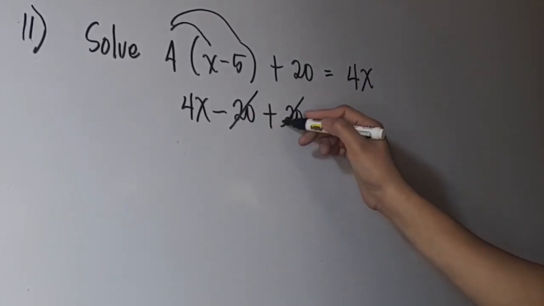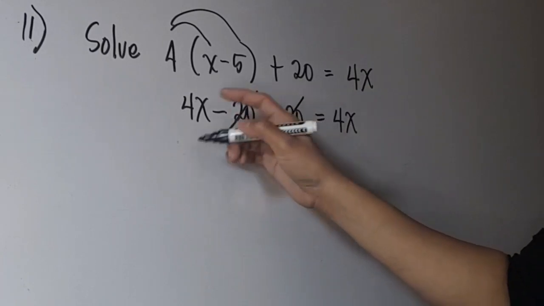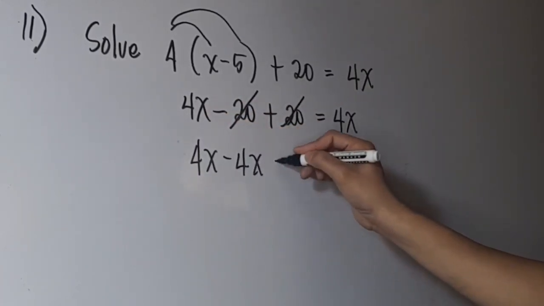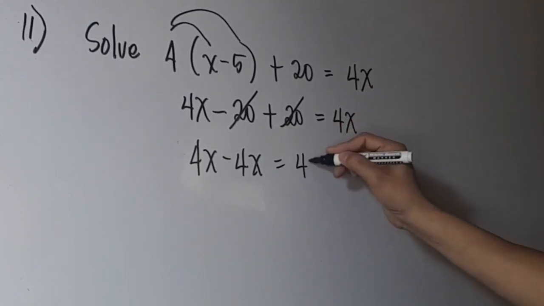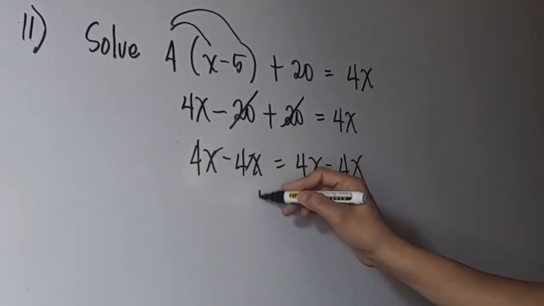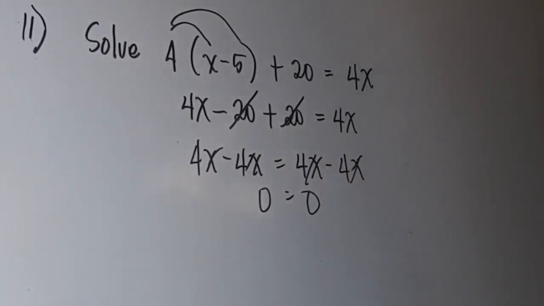Okay, negative 20, positive 20. Okay, now we will isolate the variable. So, let's remove 4x minus 4x. So, do it also with the right side. 4x minus 4x. So, this is 0 equals 0. Okay, so 0 equals 0.